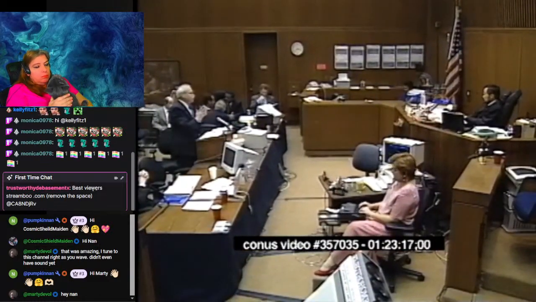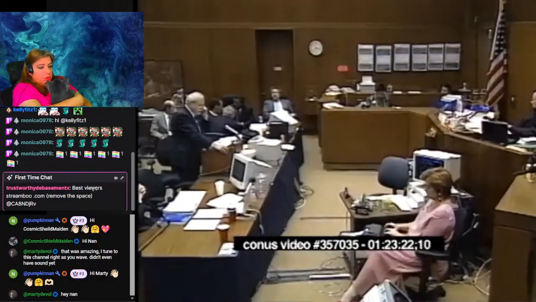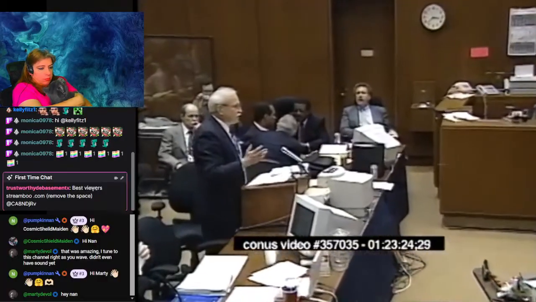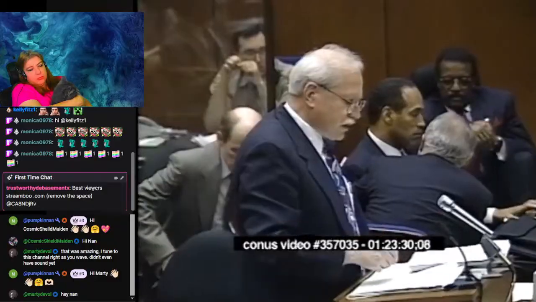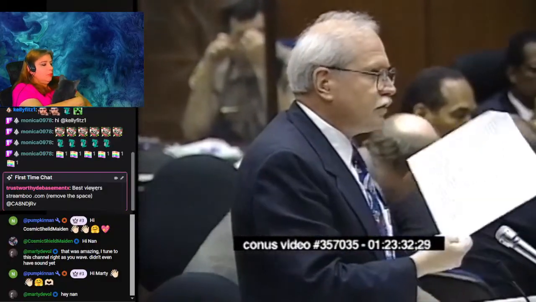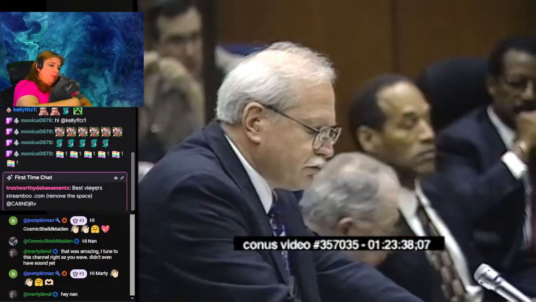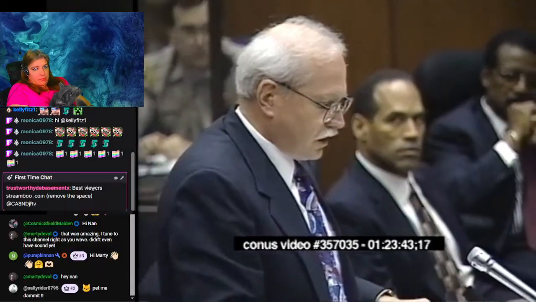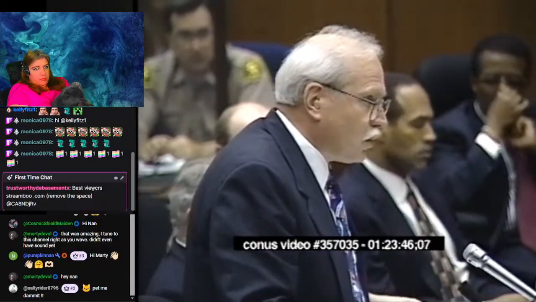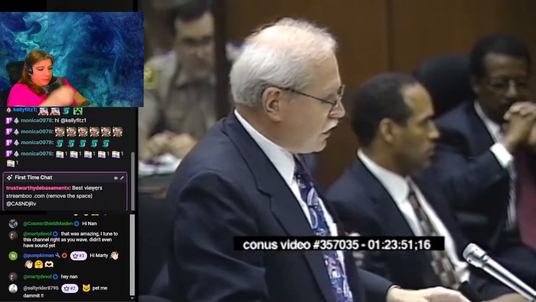Certainly, calling the nurse would be the most obvious and direct way to lay this foundation, and there is at this point no explanation for the failure to call the nurse. The closest thing to an explanation comes in an argument contained in this brief that somehow the defense should be precluded from inquiring of the nurse as to how much blood was drawn at the time of the actual taking of the sample.